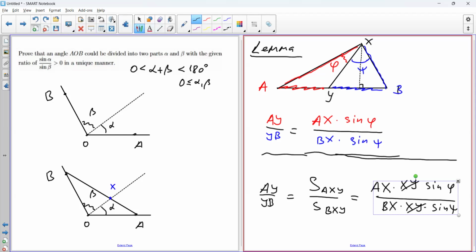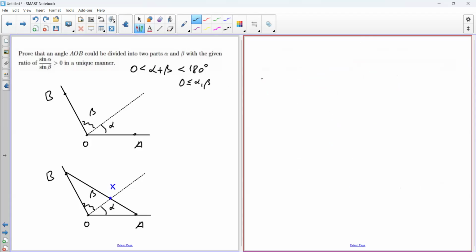So if we apply that to this situation, we may write down this ratio AX over BX would be equal to something quite understandable, right?